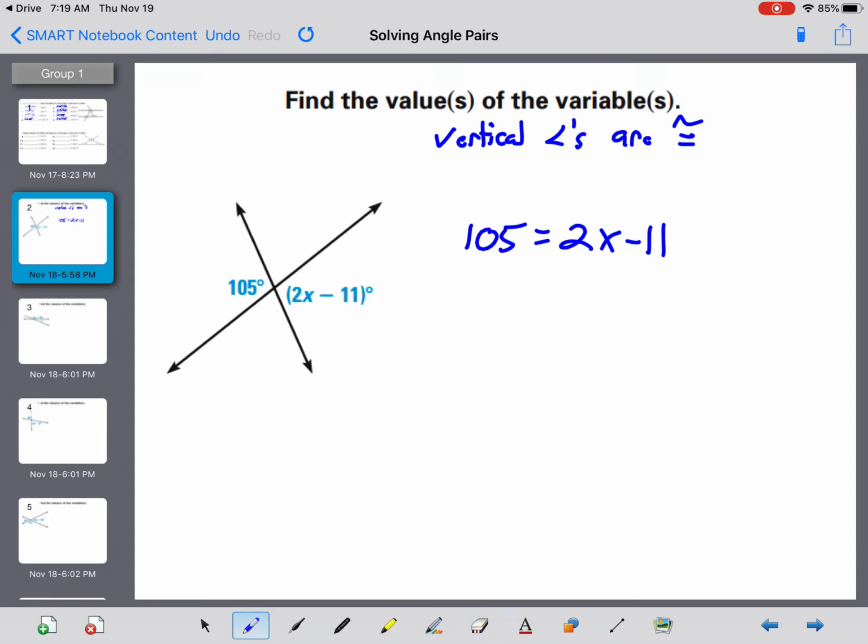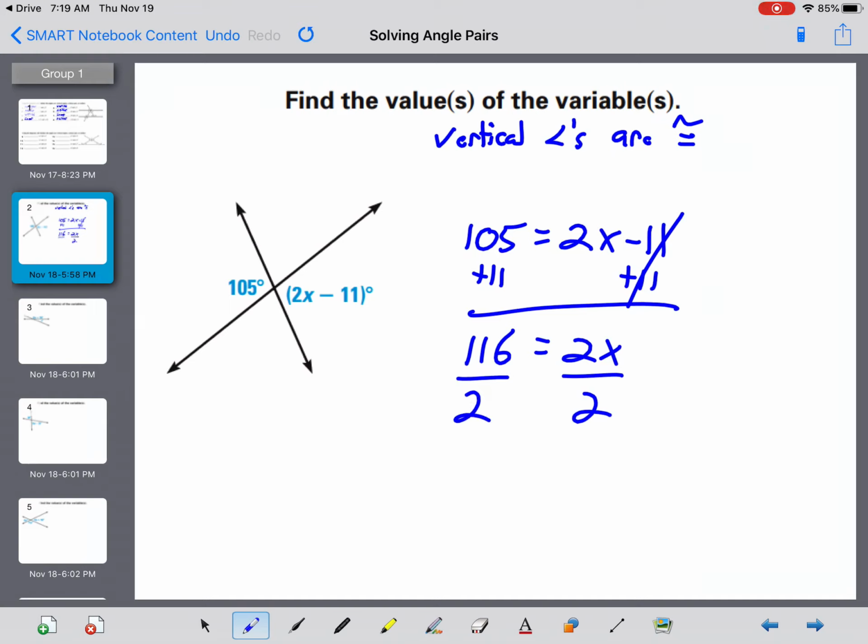Normal two-step equation, add 11 on both sides. 11's cancel. Here we have 105 plus 11, which makes 116 equals 2x. Divide by 2 on both sides, and x equals 58.